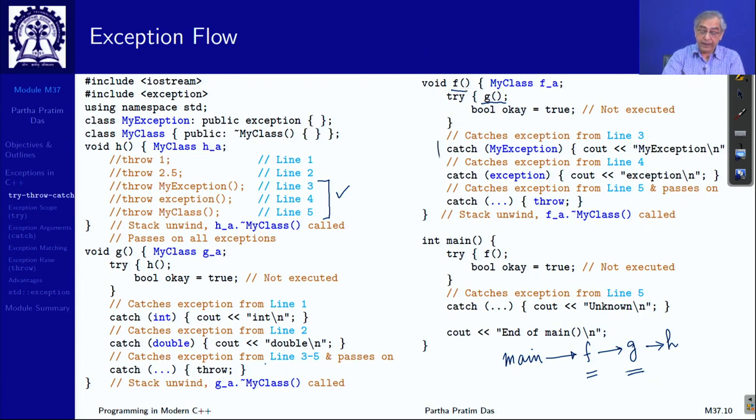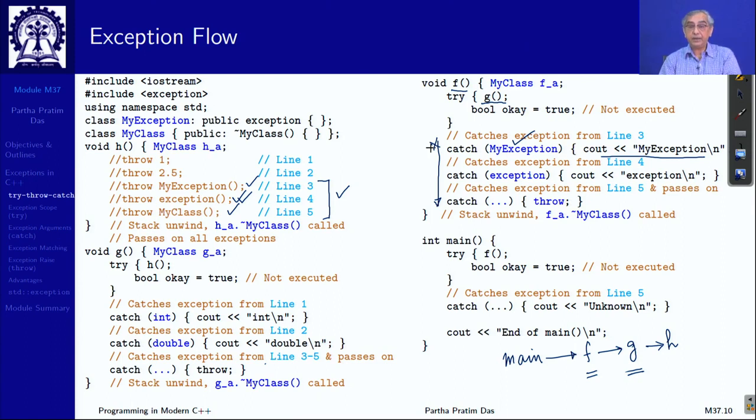F has provided again 3 catch clauses in the order, but it has provided them by resolving the 3 types of exceptions that can actually happen. So, if I have line 3 uncommented, I get a my exception object, and therefore this is handled here. If I have line 4, that is a general exception object, then it does not match here.